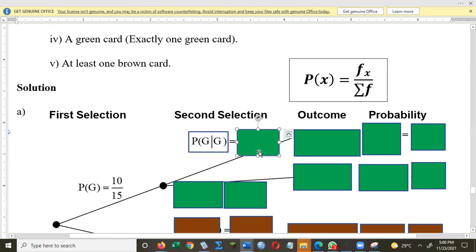What is the numerator? Is it 10 over 15 still? What will it be and why? Someone said no. What will it be and why?